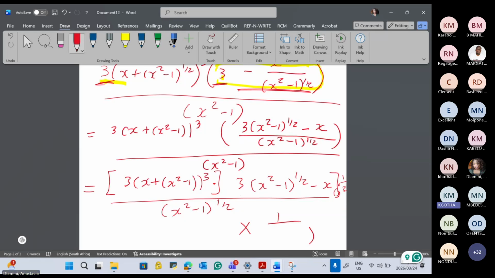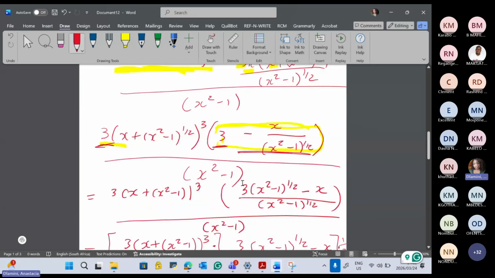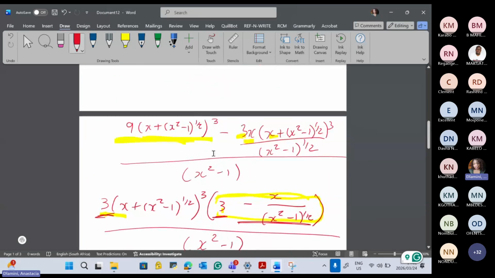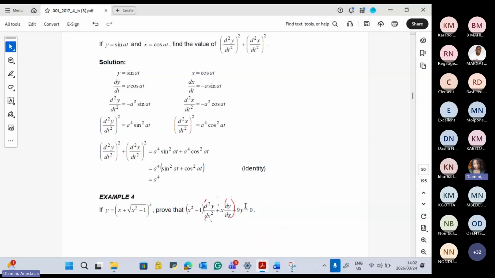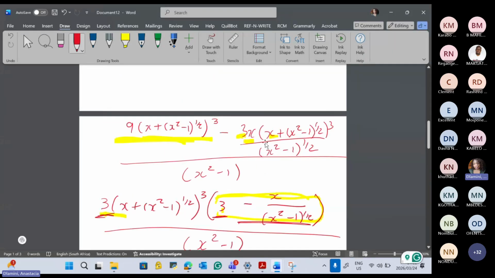Then you go back to your question and say, okay, fine, if I don't simplify it, what will happen? That's where I went back to the derivative and noticed there's an x squared minus 1, meaning I don't have to simplify further. My x squared minus 1 will cancel this one, and then I only have the top part.